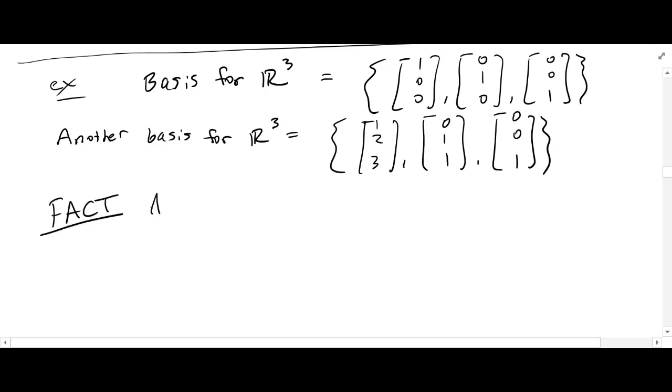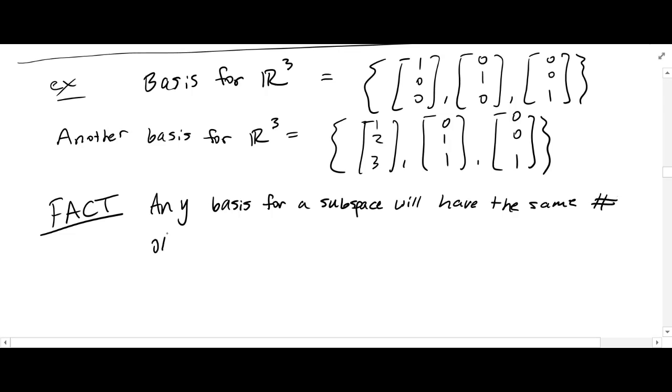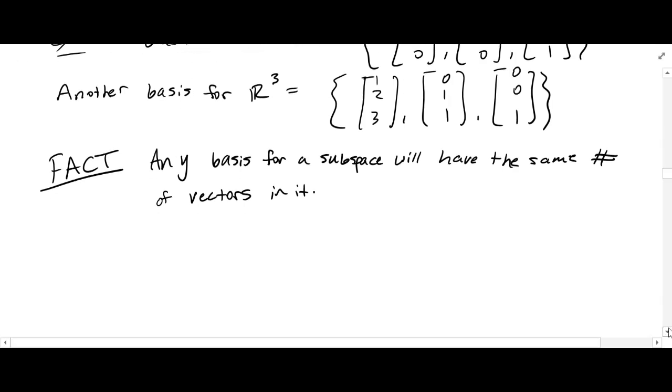Any basis for a particular subspace will have the same number of vectors in it. So any basis for R3 will have 3 vectors. Any basis for R2 will have 2 vectors.